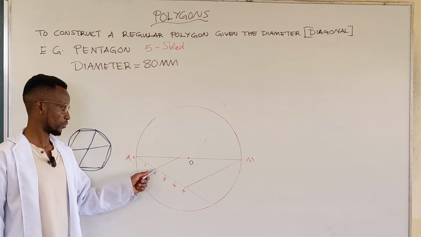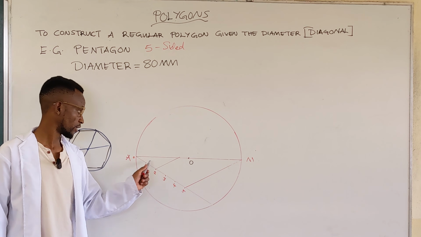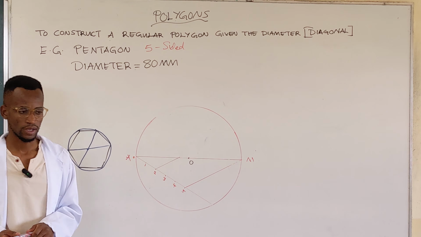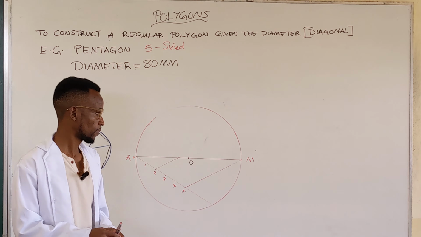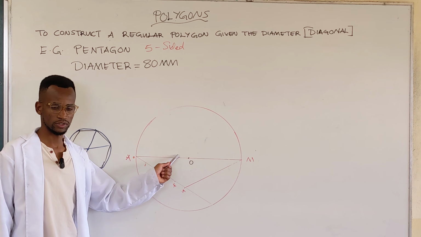The line coming from point 2 will cut your line AM at that point there, which is your point of interest. So remember, it's not this other point, but this point that we are interested in.